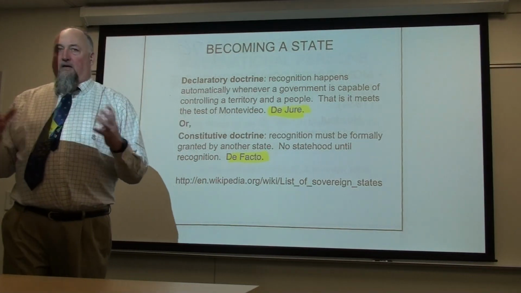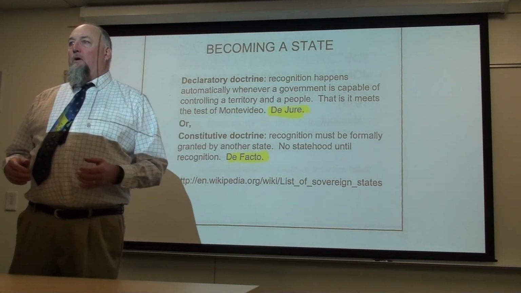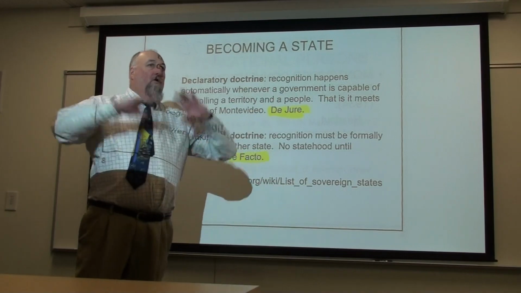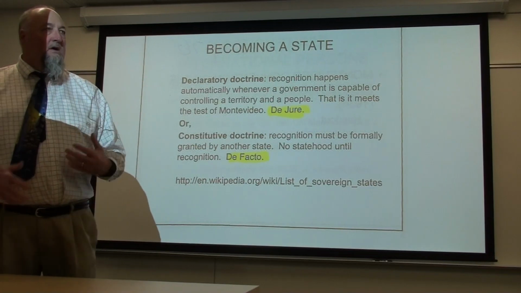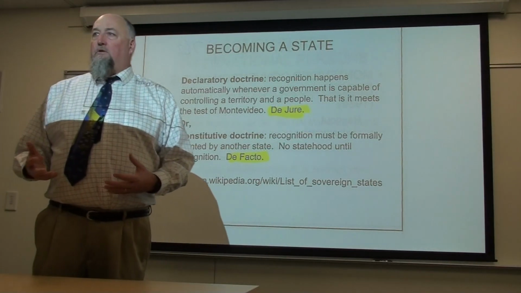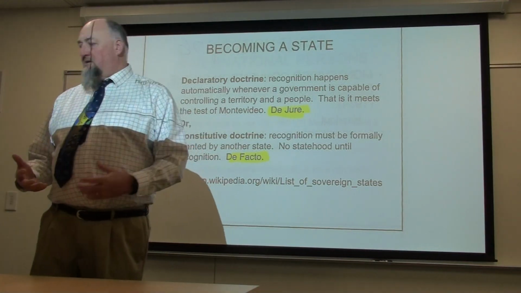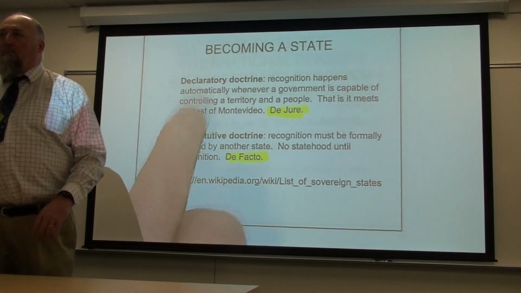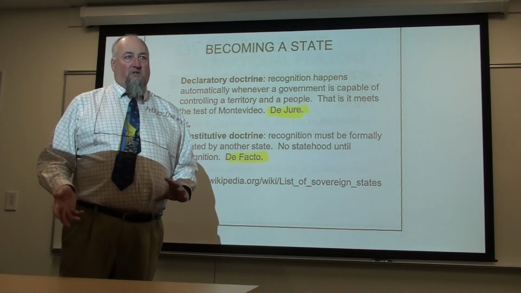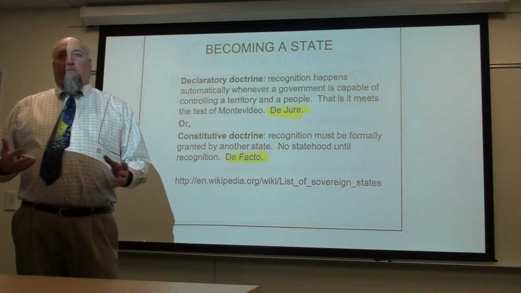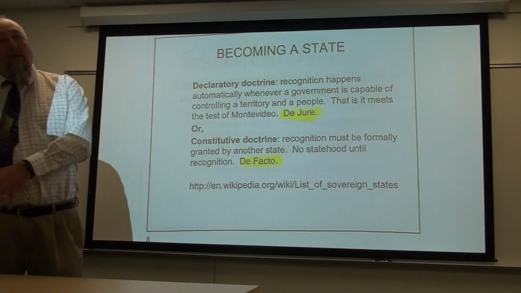So when we talk about international law, we're talking about how sovereigns interact with each other at the end of the day. And so, Oregon may say, okay, we're seceding from the United States, we're a territory, we meet the four-part test, we're going to adopt our own internal amendment to the Oregon Constitution to allow for international diplomacy. So maybe we meet that four-part test, but if other countries just ignore us and don't treat us as a state, then by law, de jure, we meet that four-part test, but in the real world, we don't.